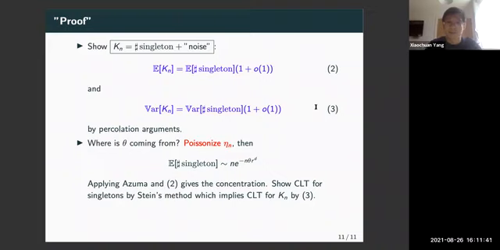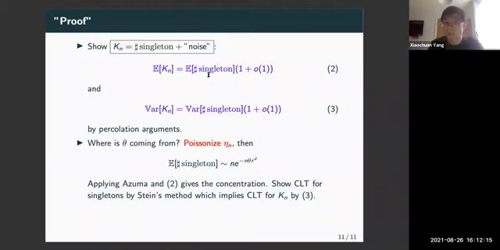The number of singletons is asymptotically n, the number of points, times the probability that a particular point is a singleton. And that corresponds to the probability that a Poisson random variable is equal to 0. And the parameter of this Poisson random variable is precisely n theta r to the d.